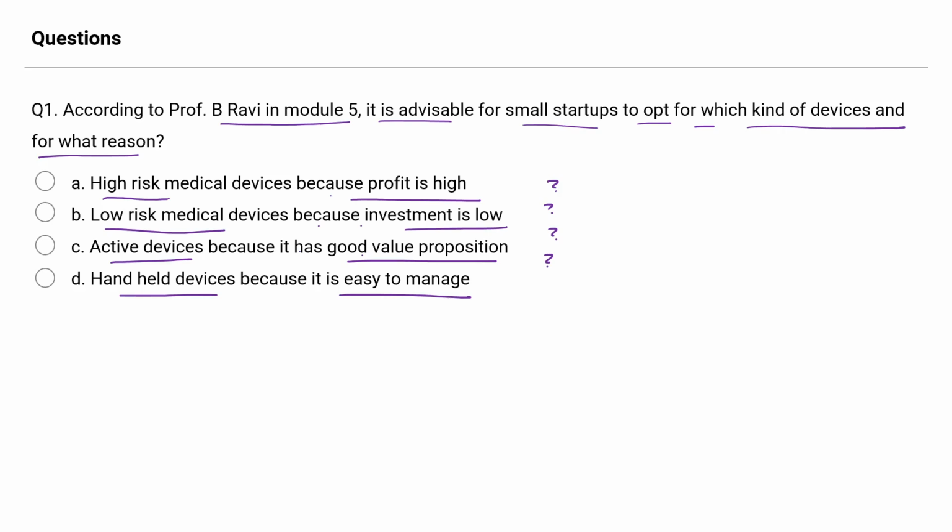We are trying to understand what advice Professor Ravi suggested for small startups, whether they have to go for high risk medical devices, low risk ones, active devices, or handheld devices.